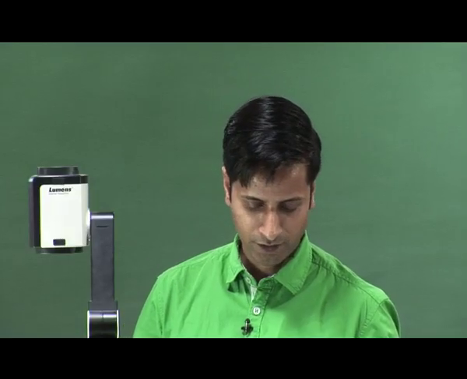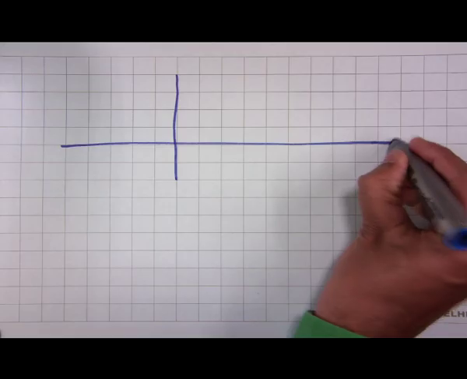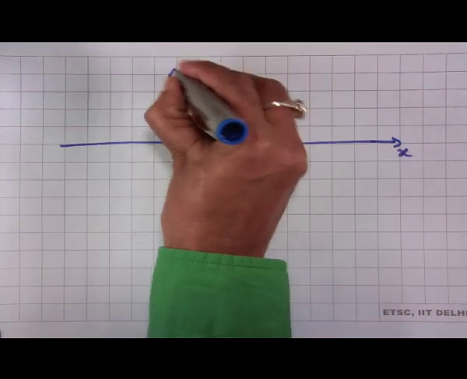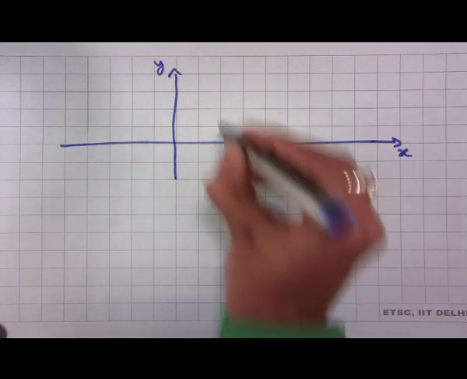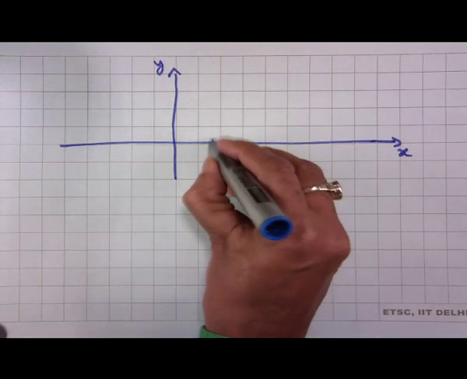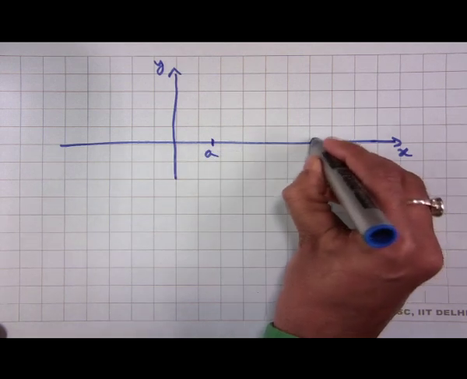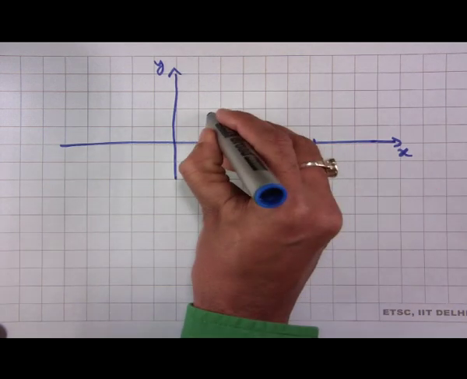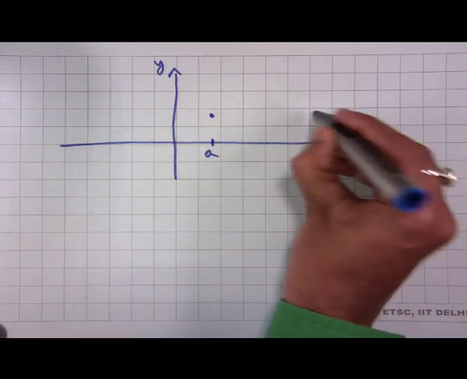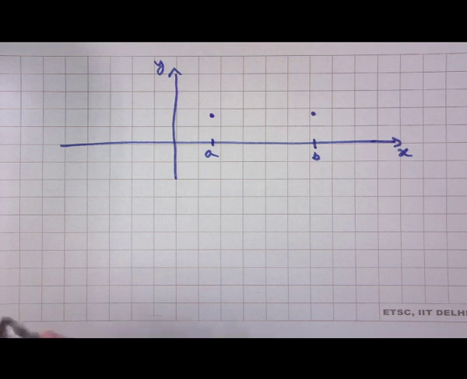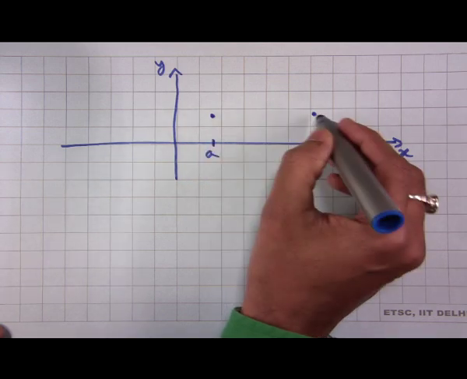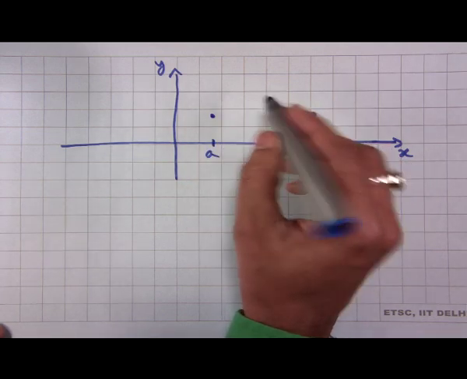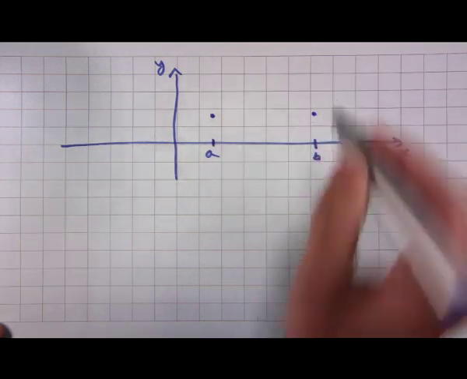Let us understand this by the picture. We draw the graph of the function y equals f of x. What is given is that the function values at a and b are the same, so this is f of a and f of b, and the function is continuous on the closed interval and differentiable in the open interval (a, b).